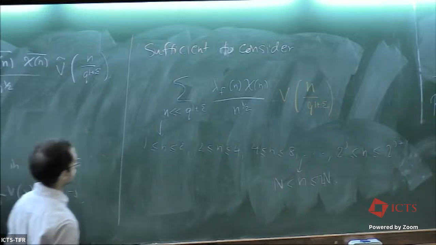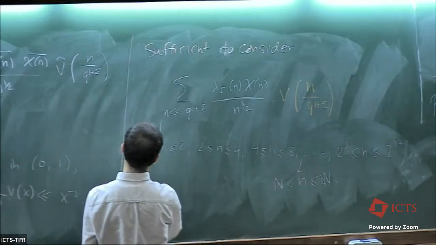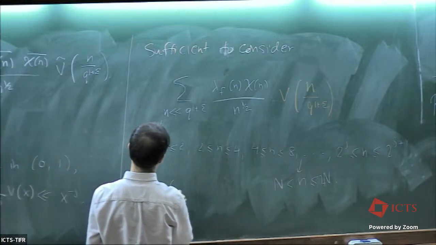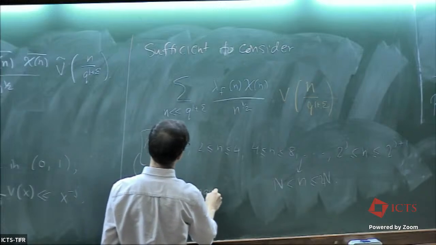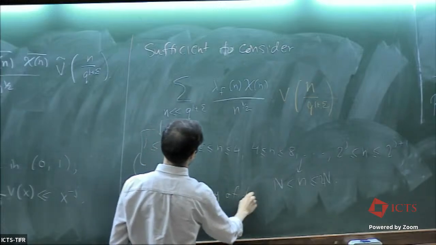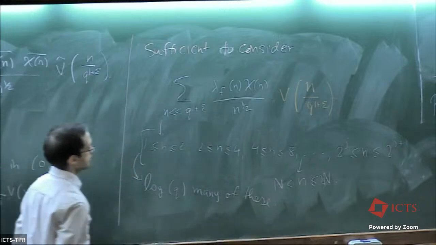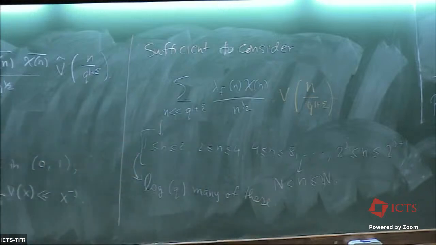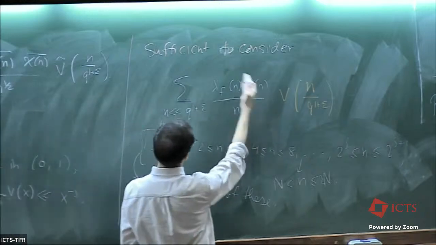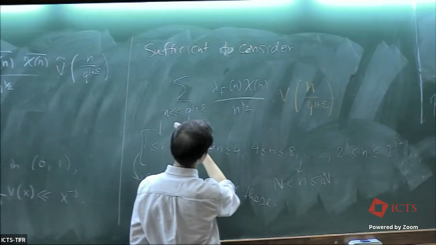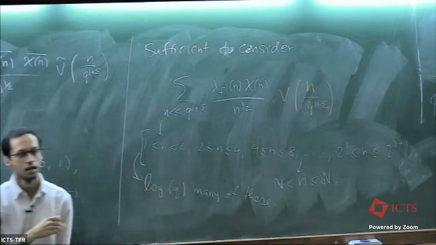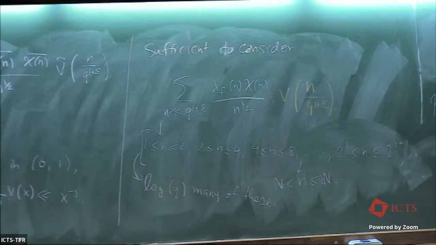And what one should also observe is that there are log q many of these. So by using a partition of unity, you can again multiply by that, and you can consider not the full Dirichlet polynomial going from 1 up to q to the 1 plus epsilon, but only going in dyadic segments. So you can bound that particular thing.